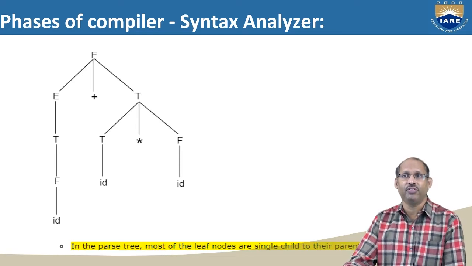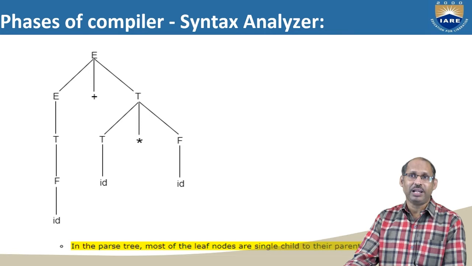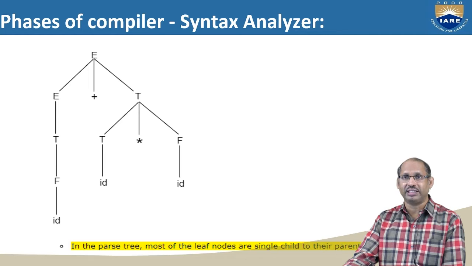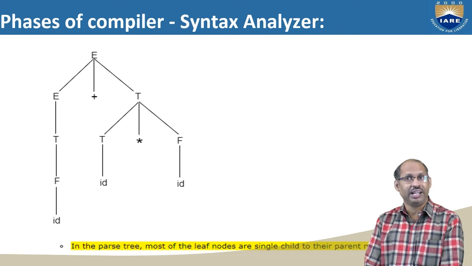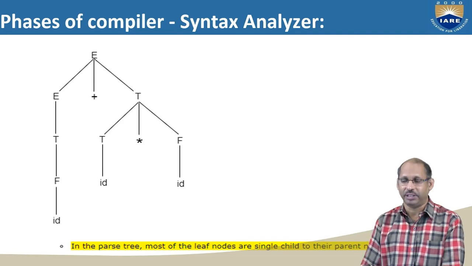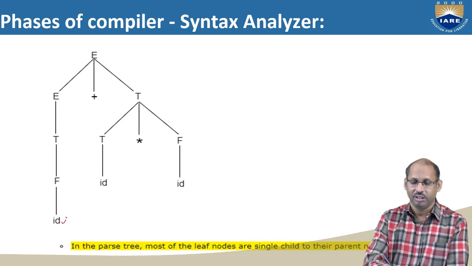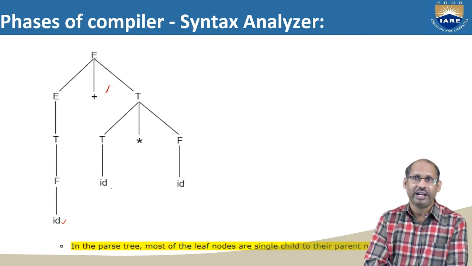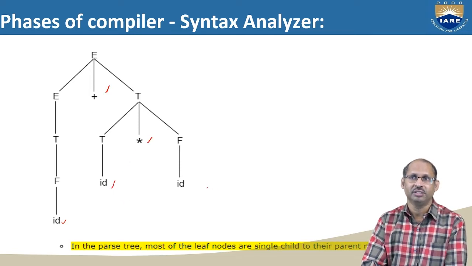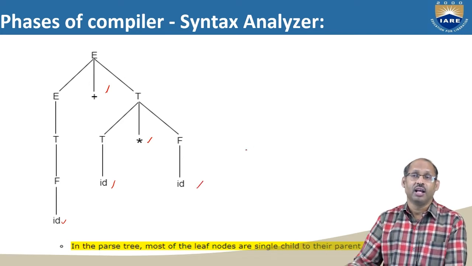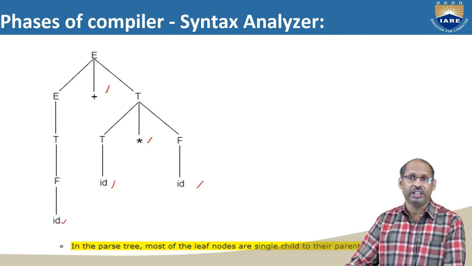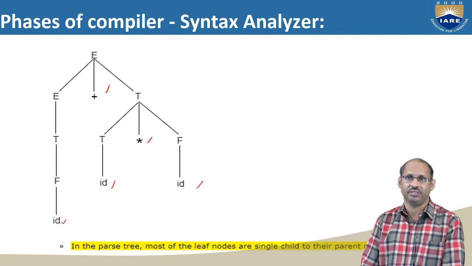This is an example for the syntax tree. id plus id into id. The sequence of tokens: id token, plus sign, identifier, multiplication, and identifier. id plus id into id, right? So id, plus id, multiplication id. So here this expression will be converted into a syntax tree, right?